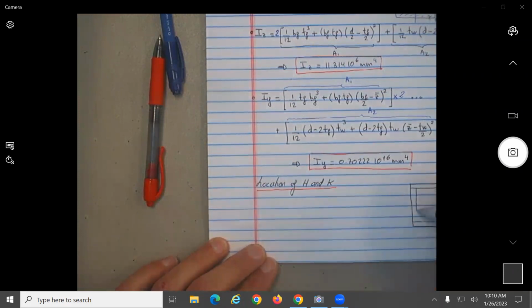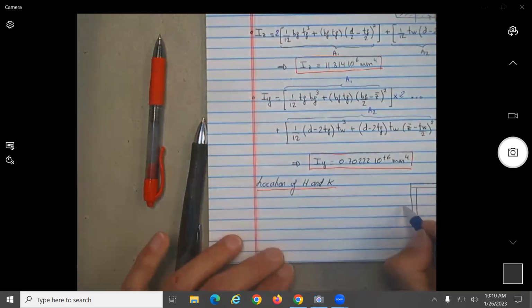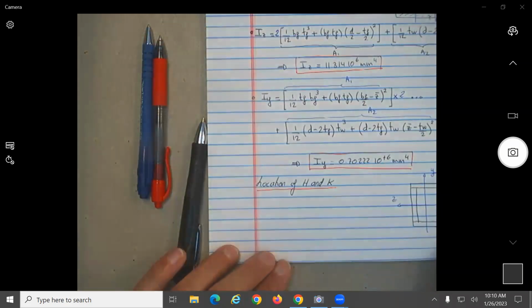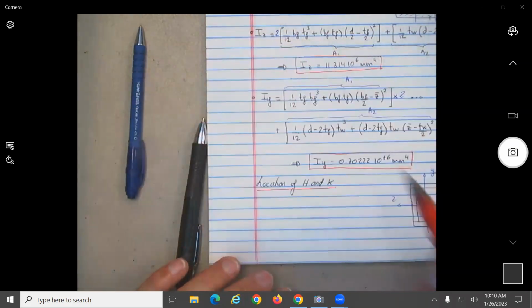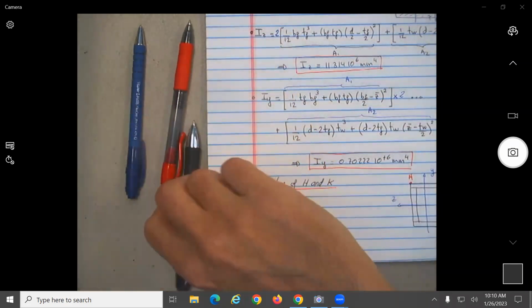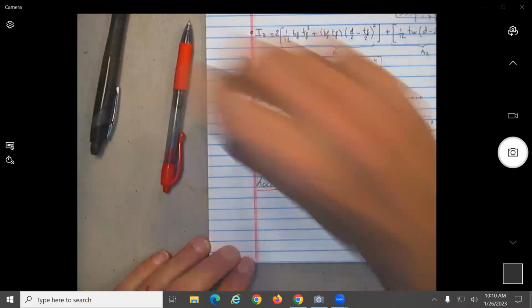Generally, I would do it without the thicknesses, but anyway, so we know, let's say this would be, this is Z, this is Y, this is point H, this is point K. Can you see?